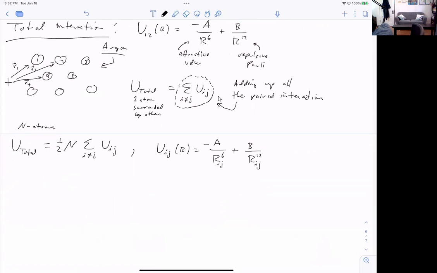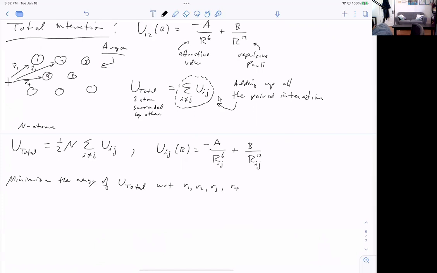And then what we could do is take this and minimize the energy U total with respect to R1, R2, R3, the locations of all the atoms.